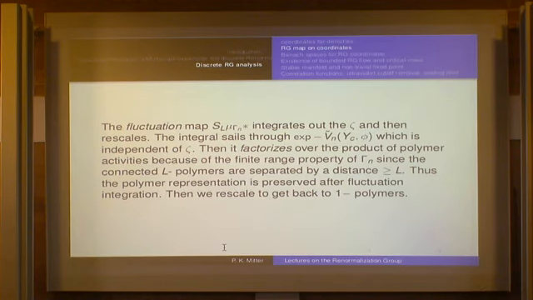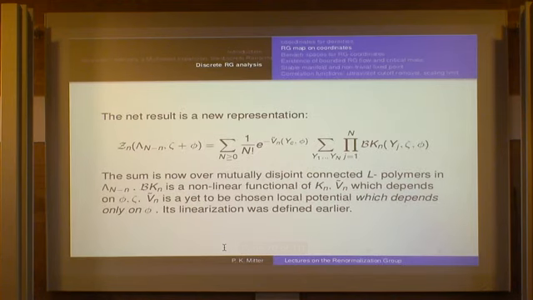Now the fluctuation map, which is the convolution with respect to mu gamma n and then rescaling, integrates out the zeta and then rescales. However, Vn is independent of zeta, so it's right there.